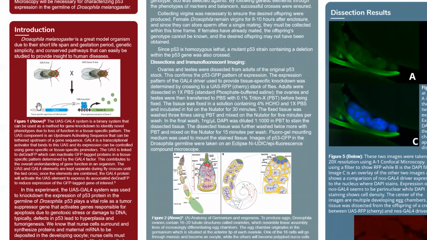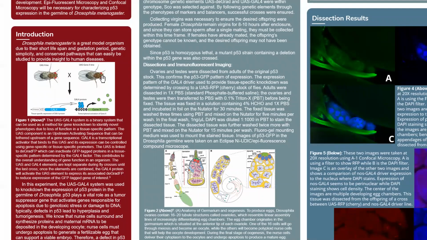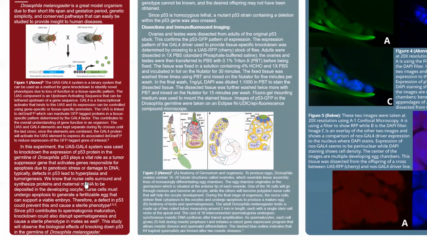And this picture shows that the final cross of the UAS-degradFP and the Gal4 line allows the Gal4 to activate the UAS, and the degradFP is produced so that it can degrade the GFP-tagged protein.